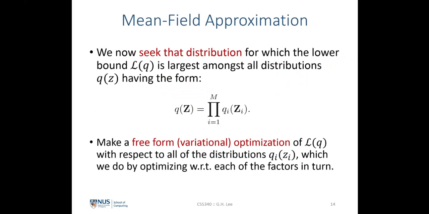We now seek the distribution of the lower bound that is the largest among the distributions Q(Z) having this form.